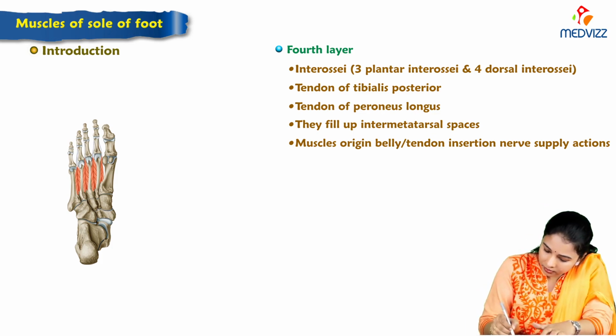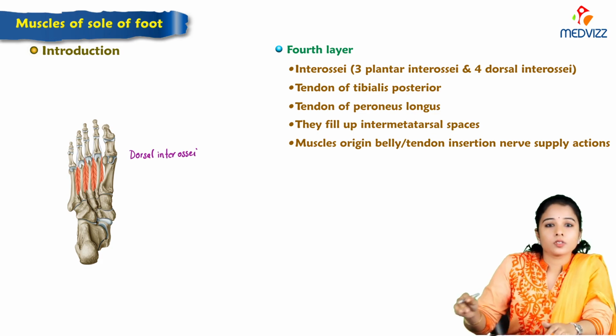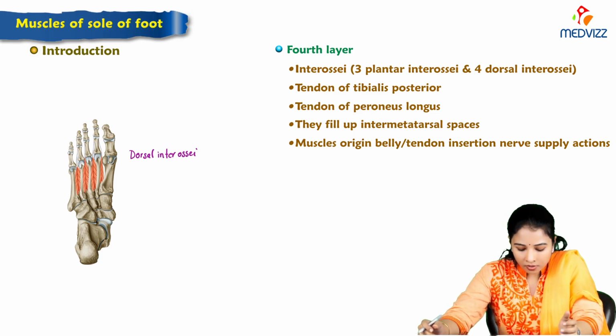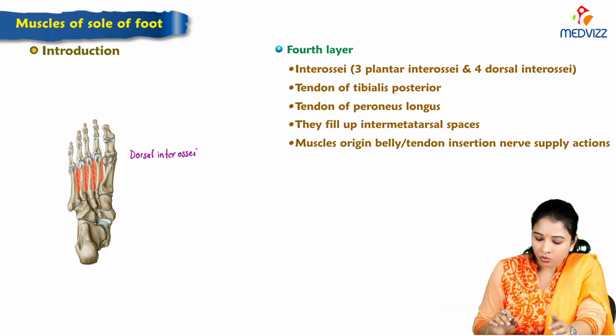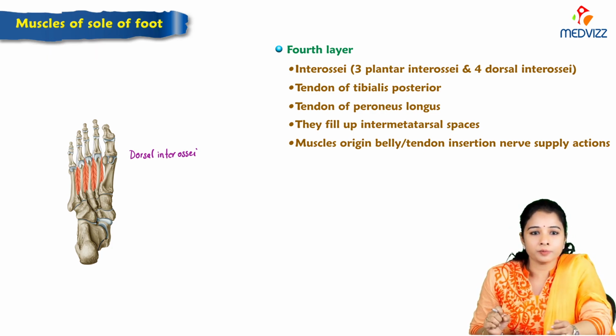We also have other tendons, like the tendon of tibialis posterior and the tendon of peroneus longus. These structures are present in the deeper fourth layer, and the interossei fill up the gaps between the intermetatarsal spaces.